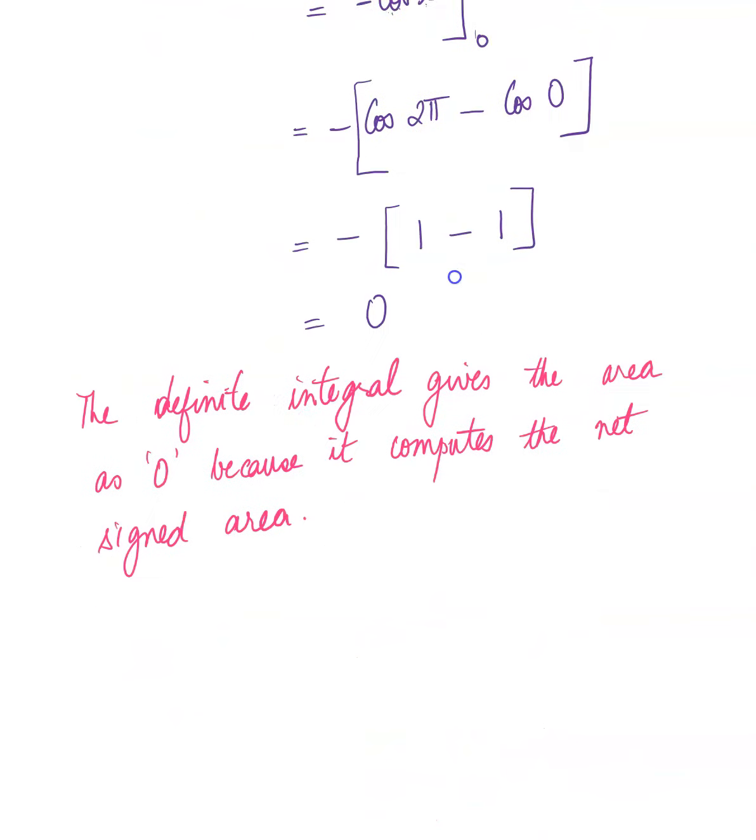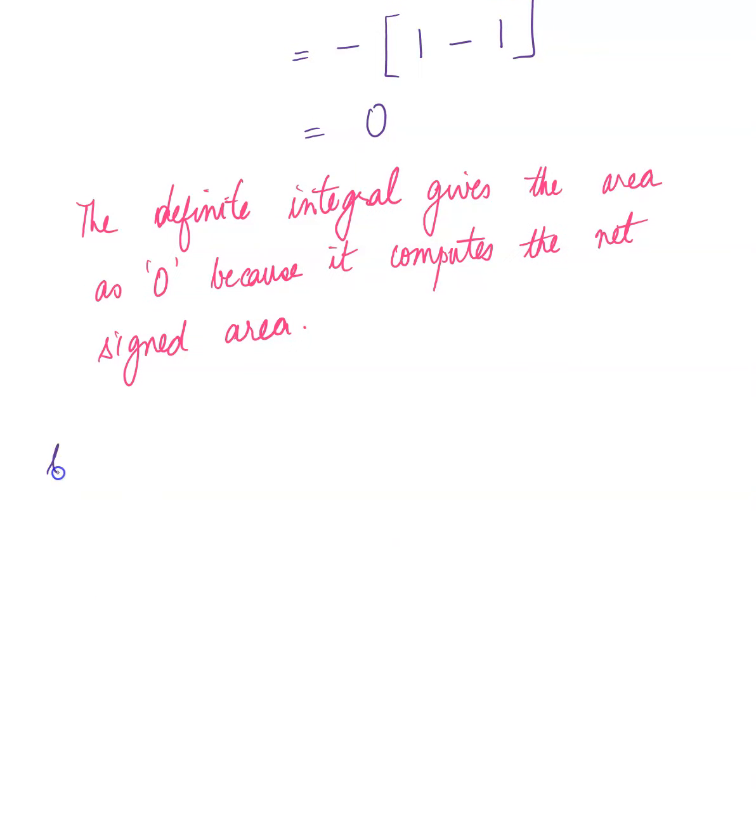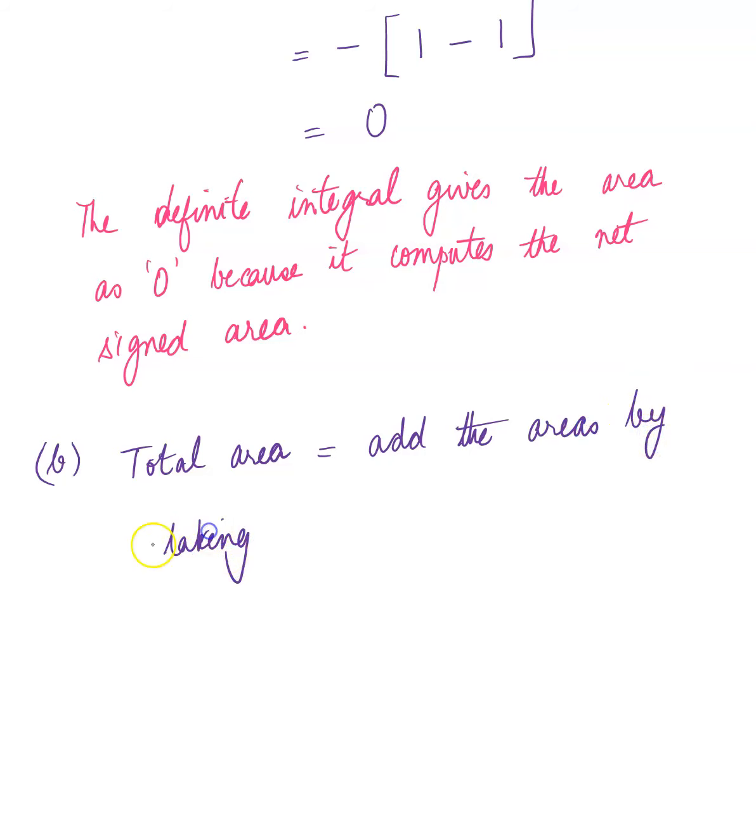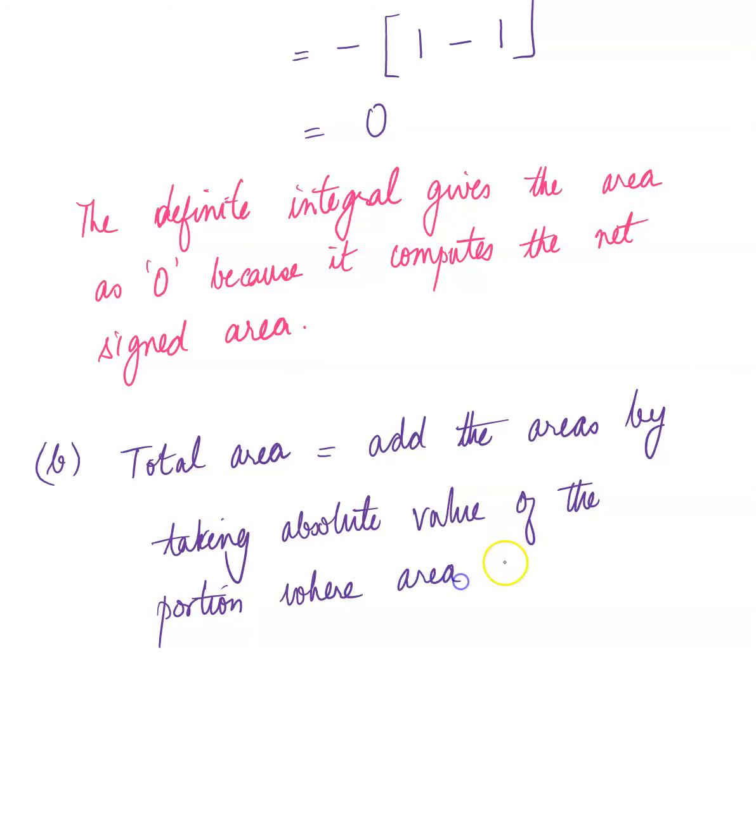Okay, so let's go to part B. Total area would be: add the areas by taking the absolute value of the portion where area gets negative.